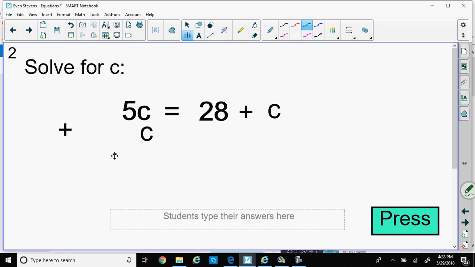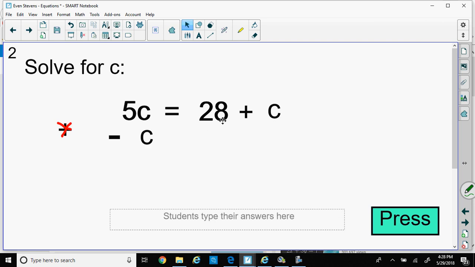So let's move that out of the way, and let's put a minus sign there. So that way the positive is gone, because what we're doing is we're using the additive inverse. Additive inverse means opposite.